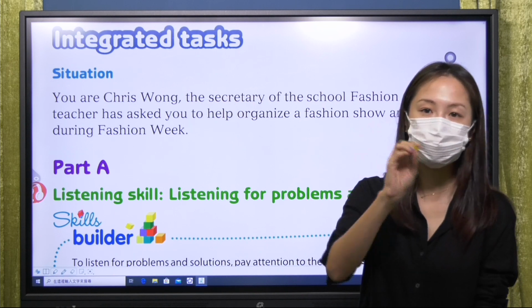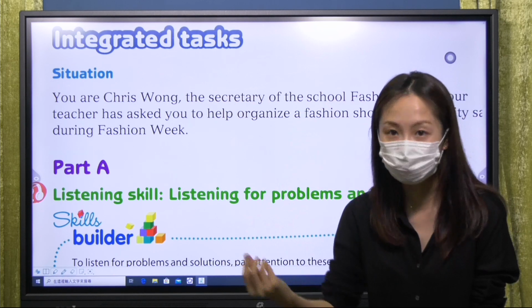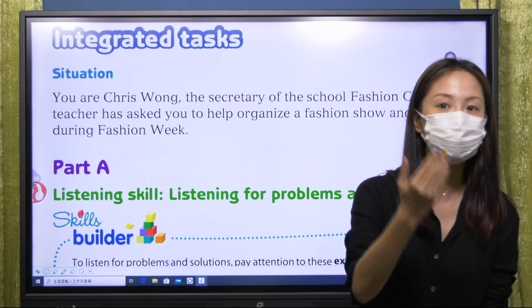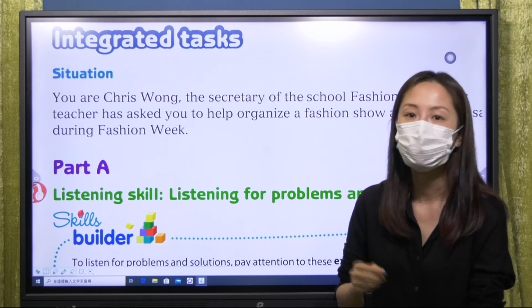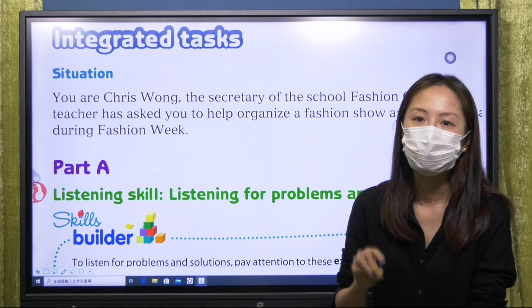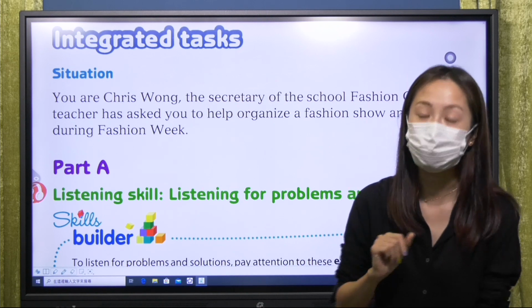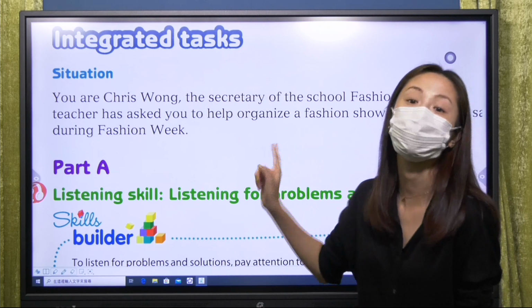According to your notes and the data file, you complete part B. So today we're going through both part A and part B in your listening task.